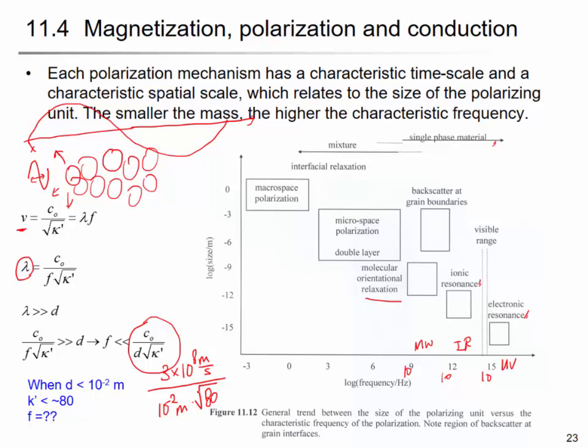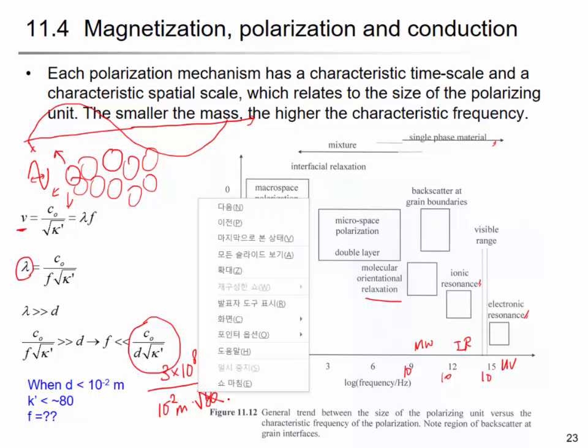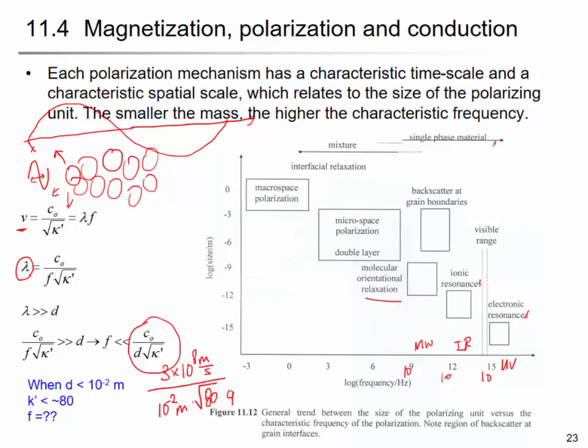Let's say that this is 81, then this becomes 9, right? So how much is it? This is 0.33. So 3.3 times 10 to the 9 hertz.